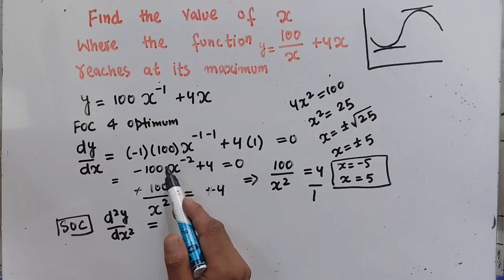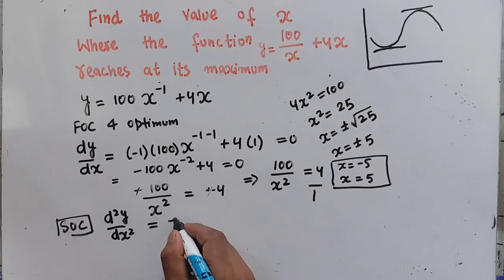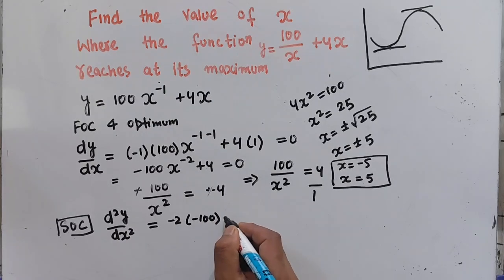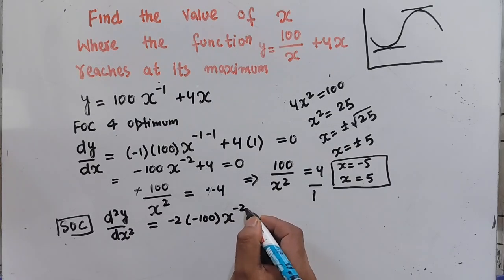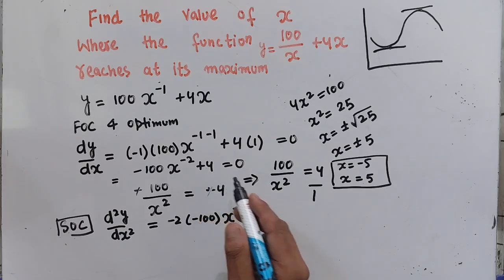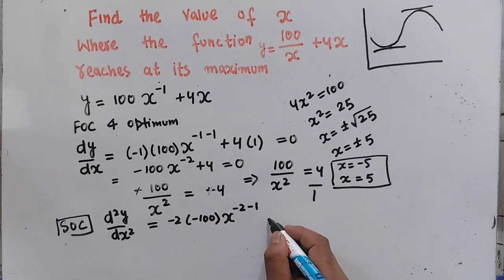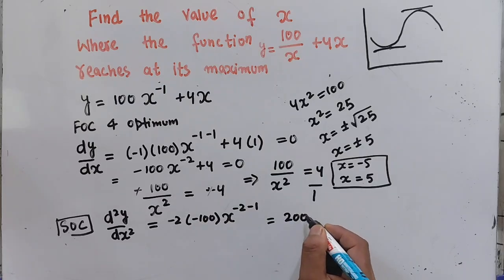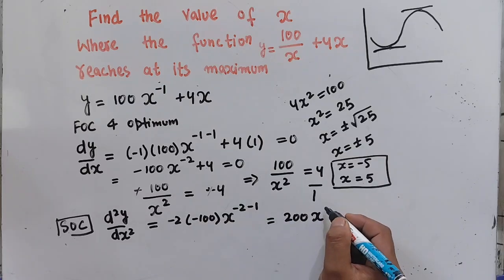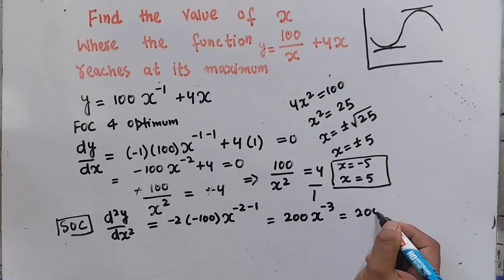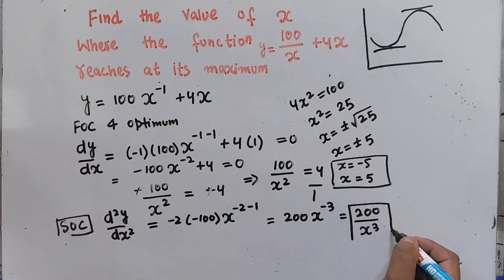Again the exponent becomes the coefficient, so we have -2 times -100, and the exponent is subtracted by 1, plus the derivative of a constant is 0. So this is our second derivative, negative into negative is positive. We get 200 x raised to the power -3, which is equal to 200 upon x cube. This is our second derivative.